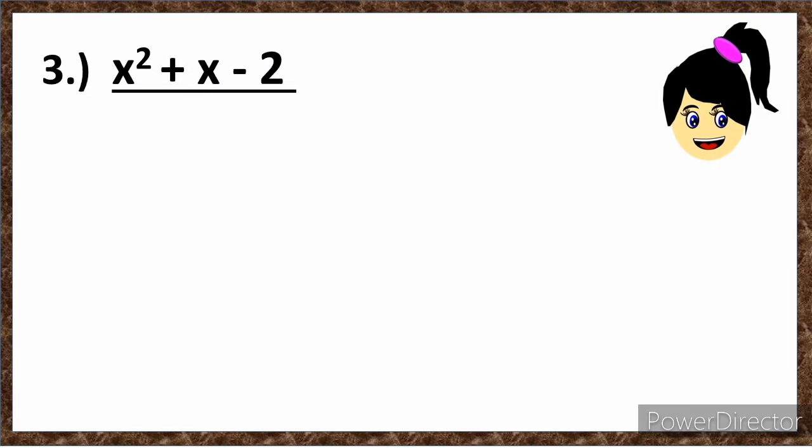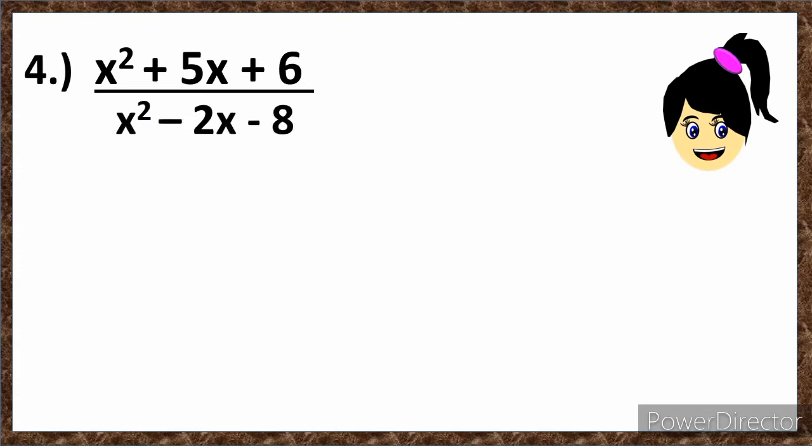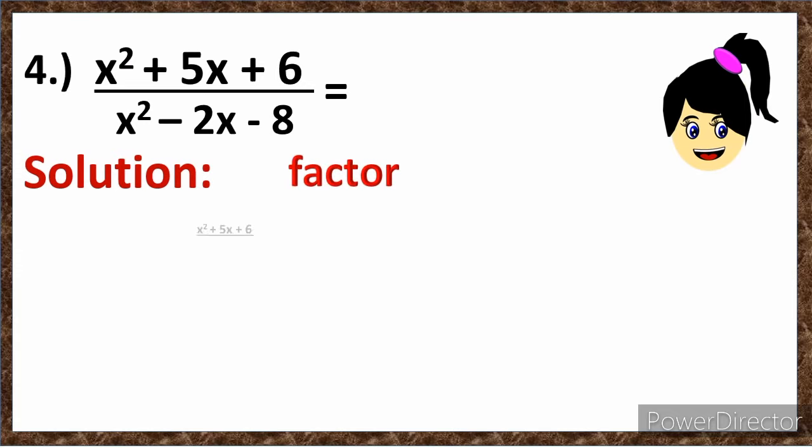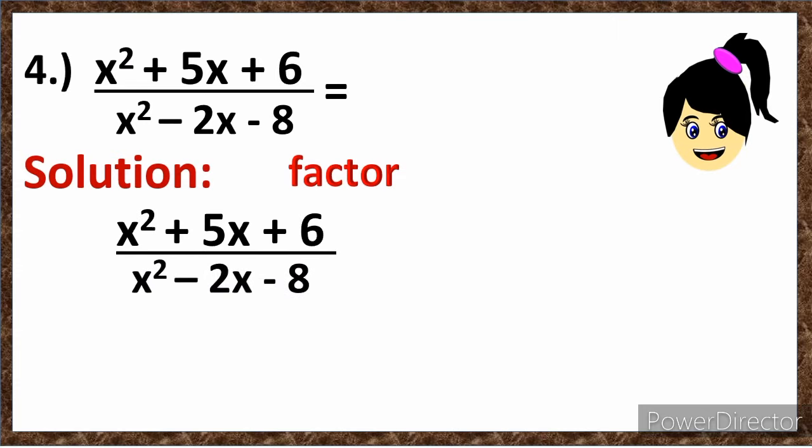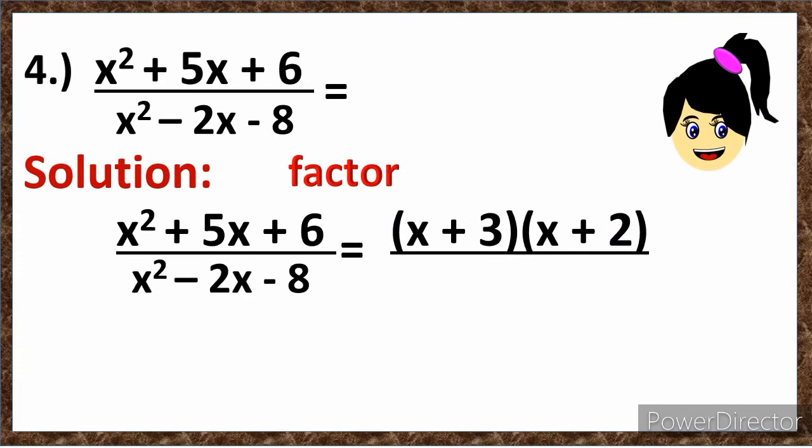Number 4, x squared plus 5x plus 6 over x squared minus 2x minus 8. Again, we're going to apply the factoring of general trinomial. The factor of the numerator x squared plus 5x plus 6 equals x plus 3 times x plus 2.